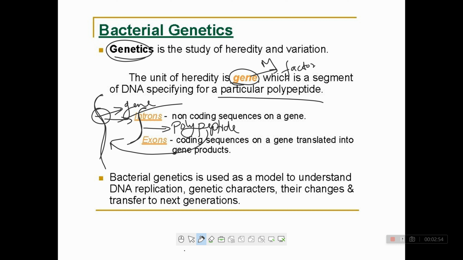DNA has two parts: one is intron and the other is exon. Intron is the non-coding part of a gene.